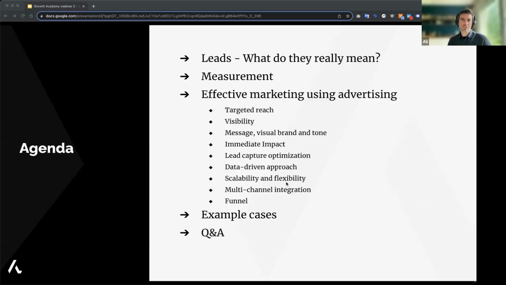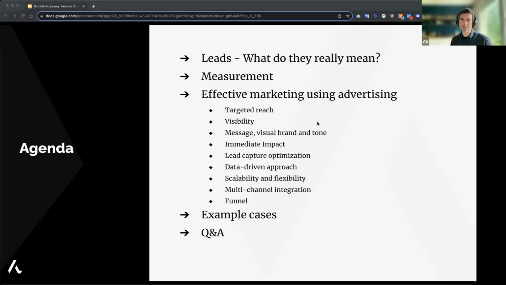Okay, so today's agenda consists of a couple of advertising related topics and how advertising can make marketing more efficient. So we will start with leads. We will speak shortly about leads, then go into measurement, and then also we will get into the main topic, effective marketing using advertising. Under this, we will cover a couple of subtopics from basically target to visibility to message.